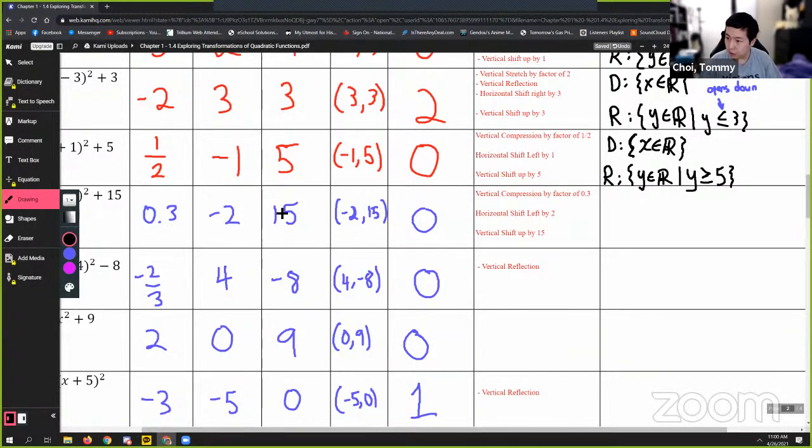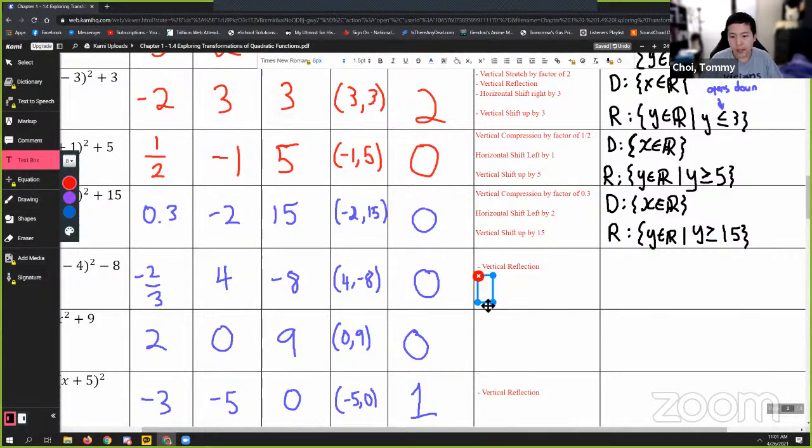Those are the values written out in words. And we write the domain and range. So the domain x ∈ ℝ and the range y ∈ ℝ such that y is once again greater than or equal to, because it's a positive a value, 15, which is our k value.